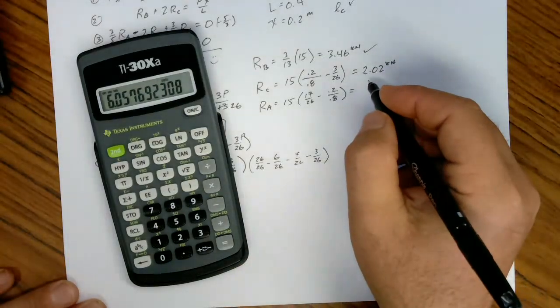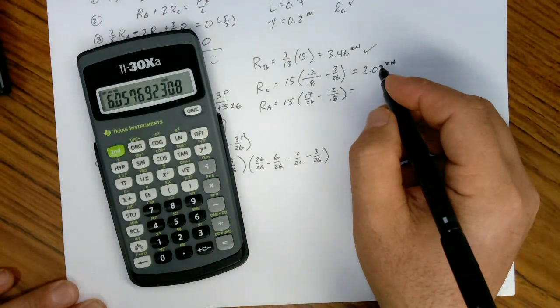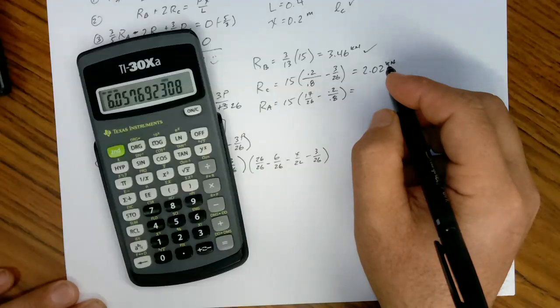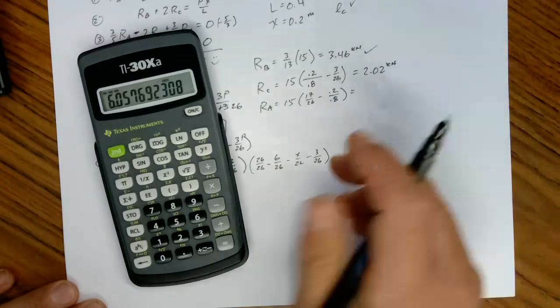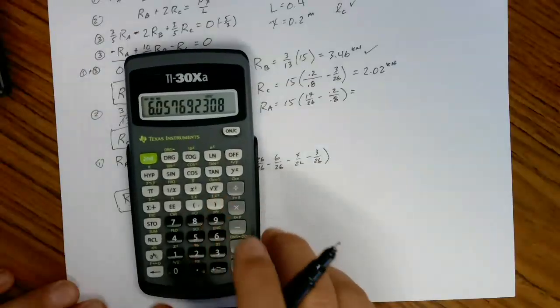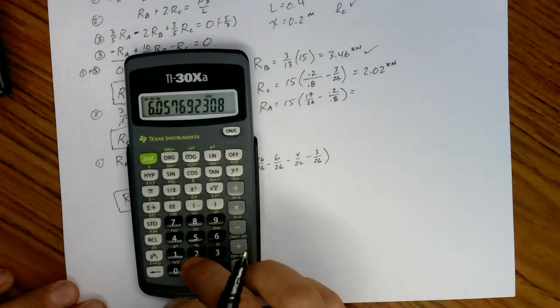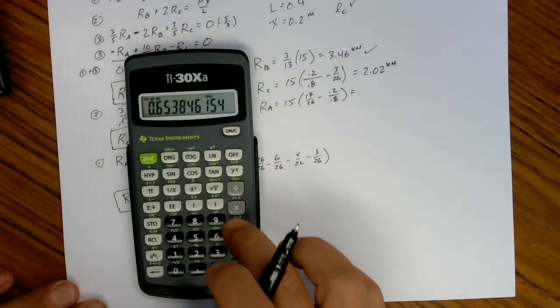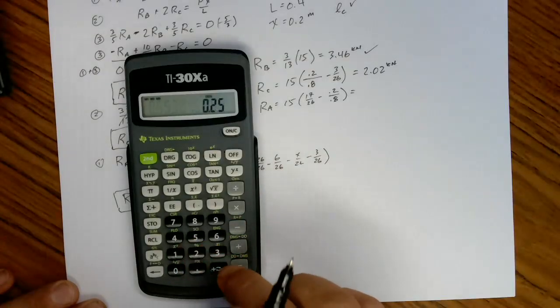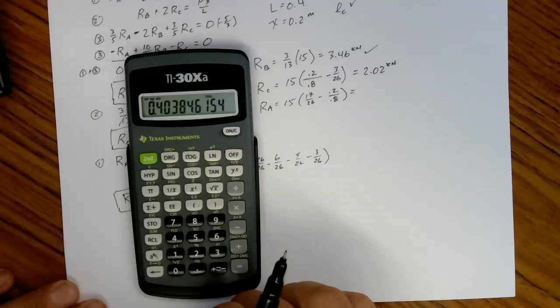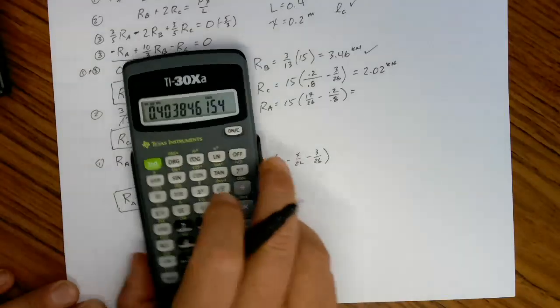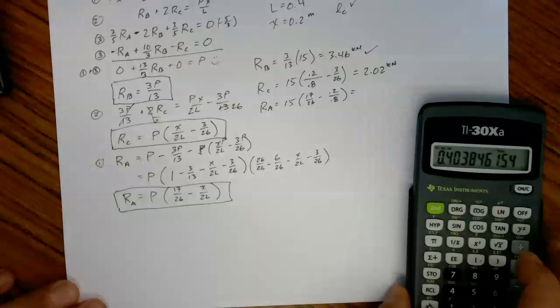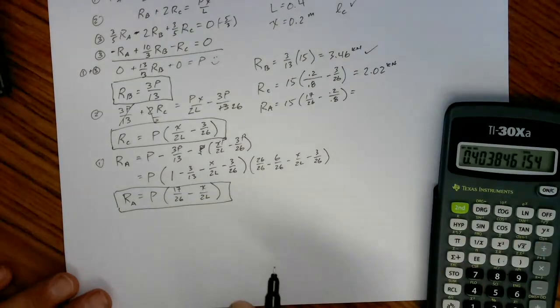And we get 6.05. Something's wrong there. That is not the correct answer. 17 divided by 26 minus 0.25, 40%. And that's not right.